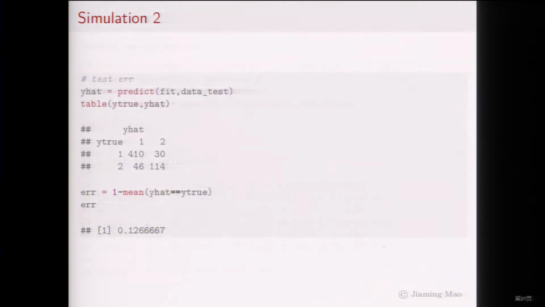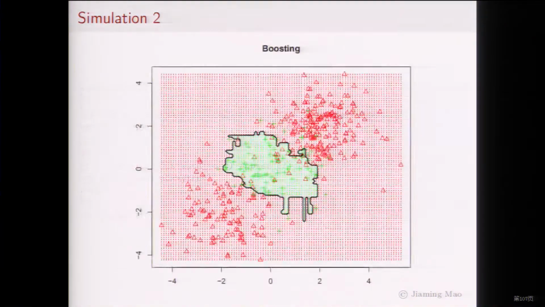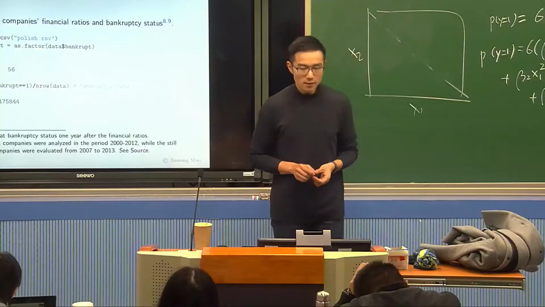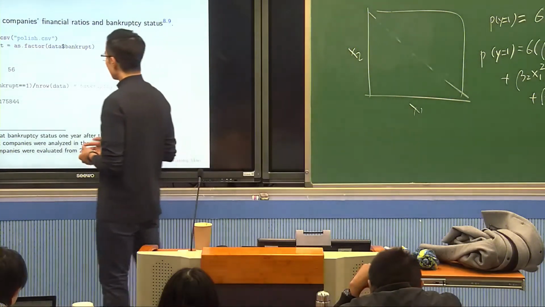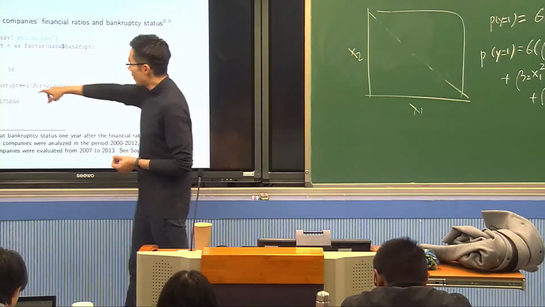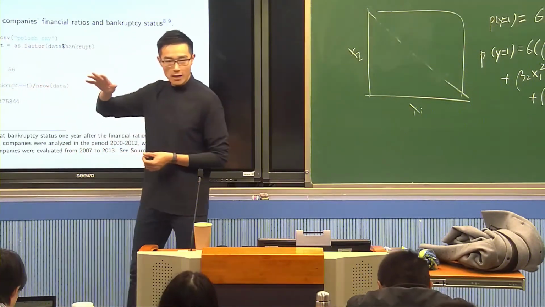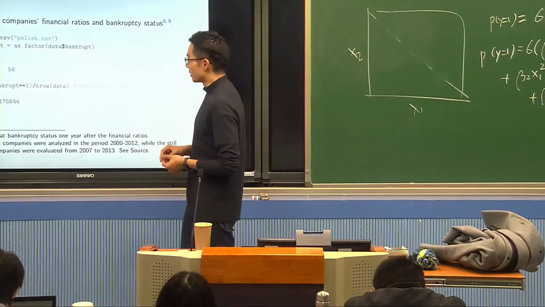That's why we begin today by looking at a Polish bankruptcy data. This is real data that comes from Poland, where we have about 5,630, about 6,000 companies, and we have their bankruptcy data.